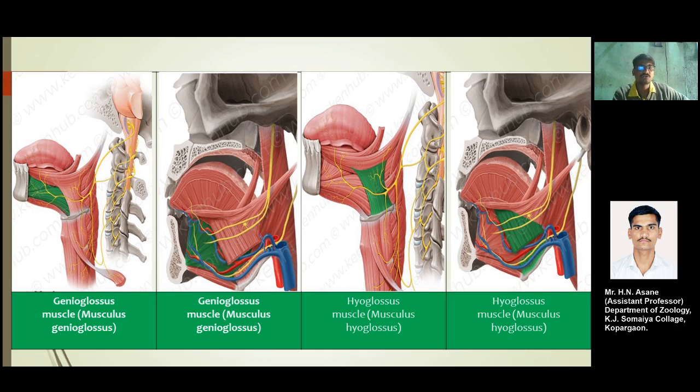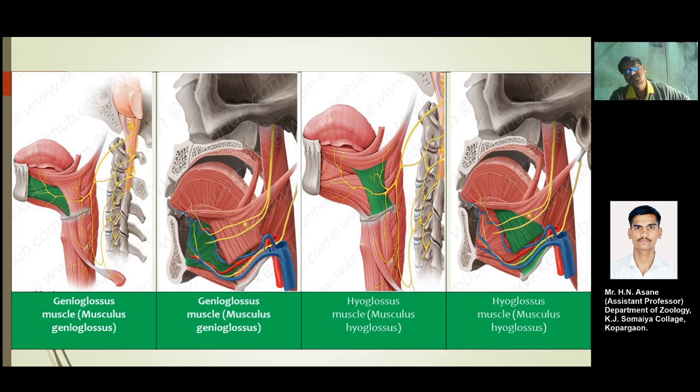The first picture helps us understand the location of the genioglossus muscles, and the second picture is a ventral section showing the genioglossus muscles highlighted in green color.